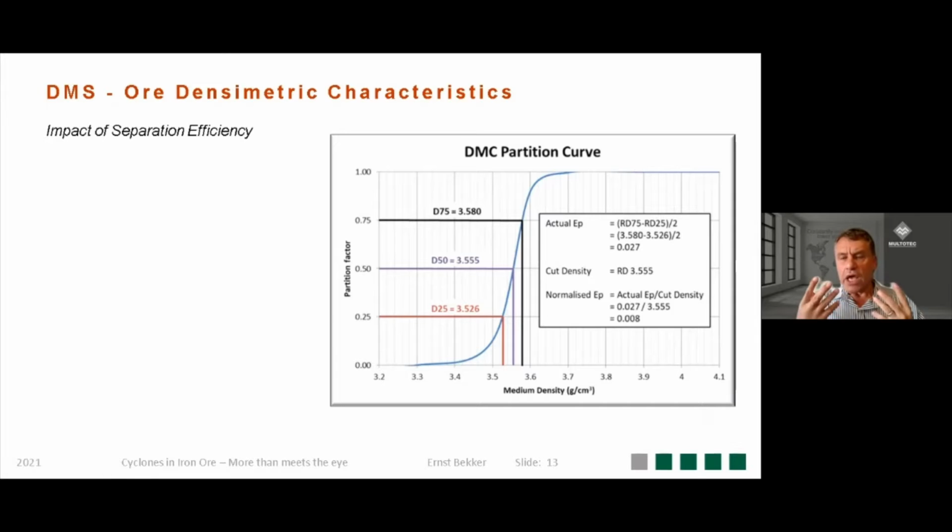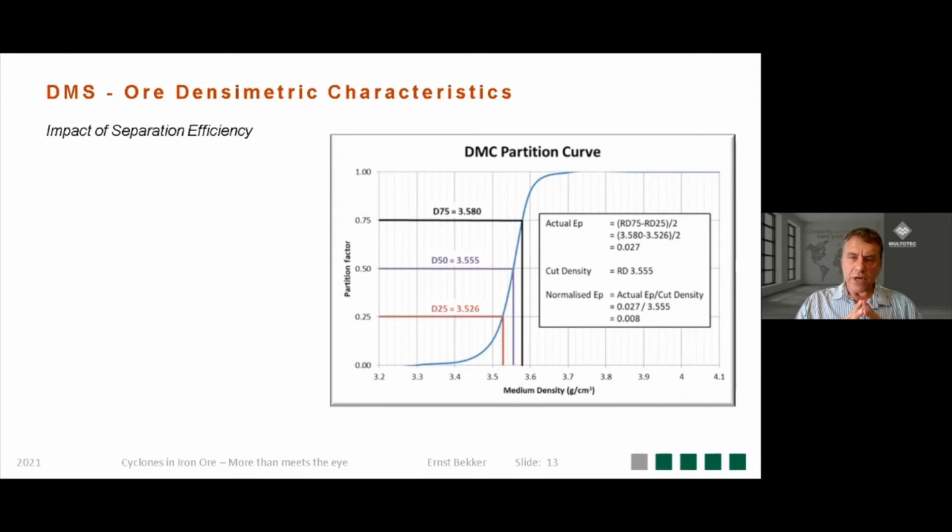So the partition curve is giving an indication of how efficient your separation is. The partition factor, if you battle maybe to understand it, is like a probability factor. So what is the probability of a material of a certain density reporting then to the sinks fraction in this example?